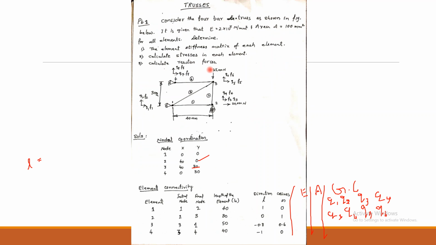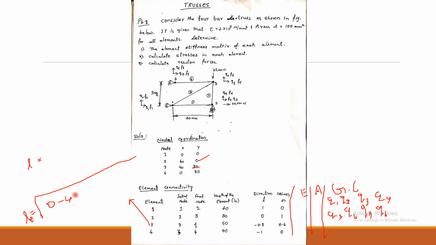Now let's go for this one, x final minus x initial, that is x1 minus x3. So x1 minus x3 is 0 minus 40. I am going to write that down here for element 3. Length of the element LE is the square root of x final, that is x1 value 0, minus x initial, that is x3, 40.